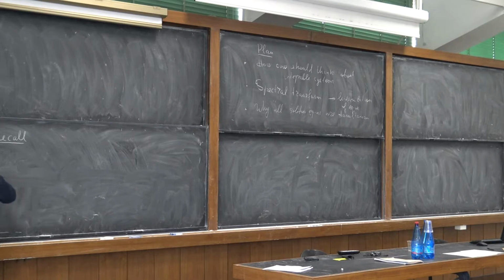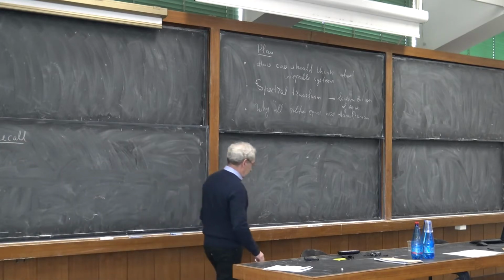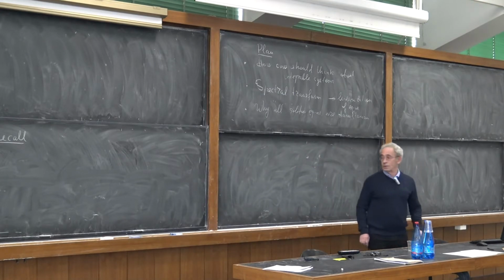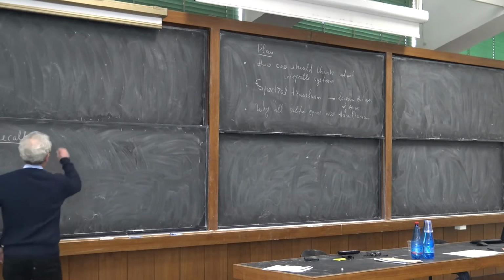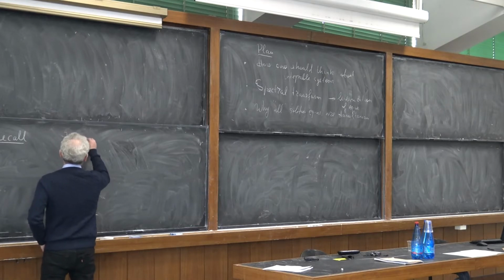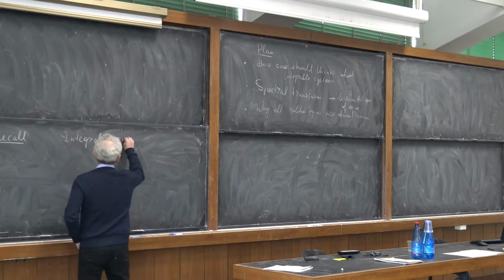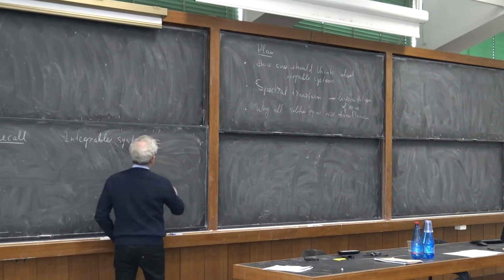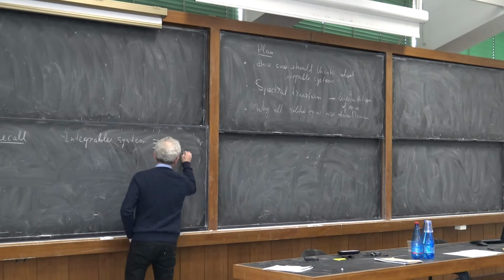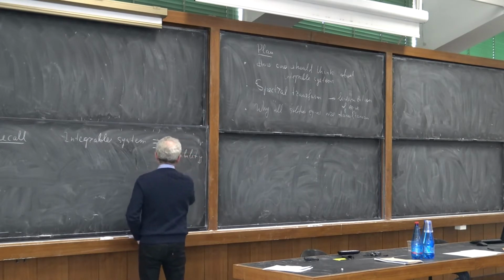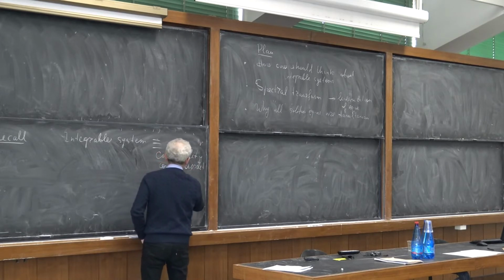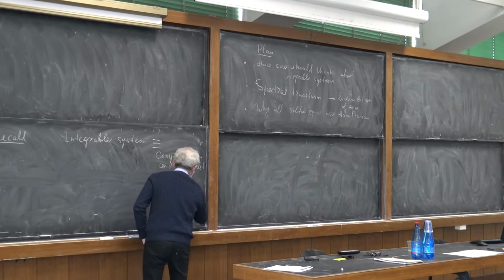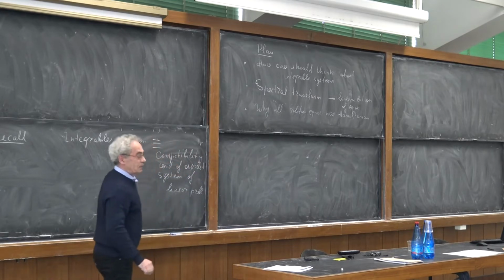So the first point I was trying to make is that despite a variety of forms in which this integrable system comes to life, they all share some common features, namely integrable system in a way is a compatibility condition of overdetermined system of linear problems. This is the first point I want to make.